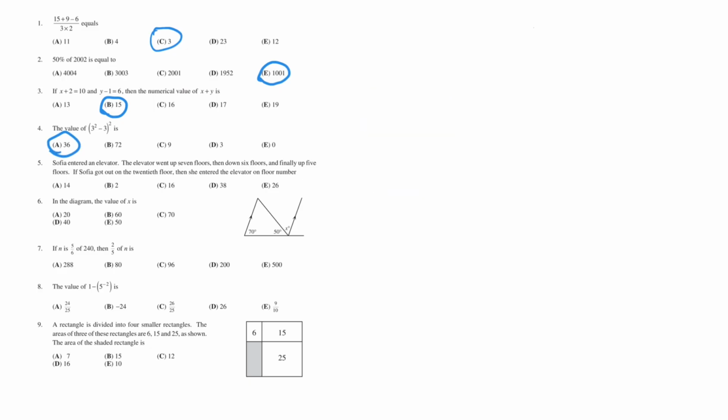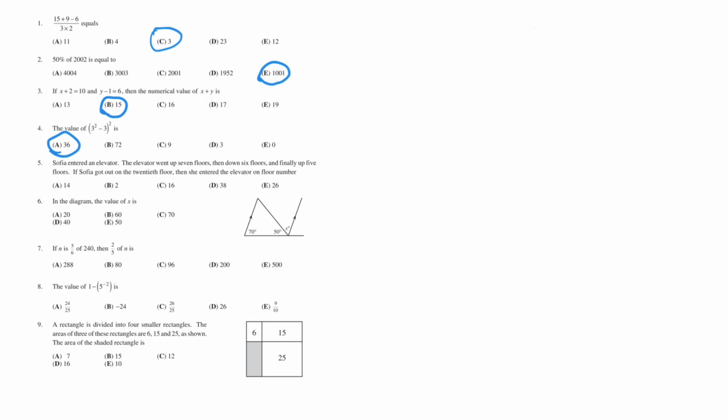Number 5. Sophia entered an elevator. The elevator went up 7 floors, then down 6 floors, and finally up 5 floors. If Sophia got out on the 20th floor, then she entered the elevator on which floor?